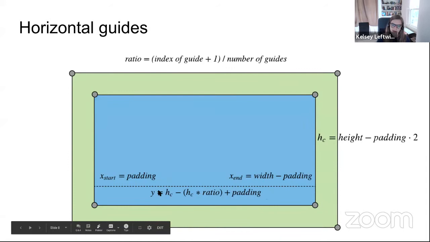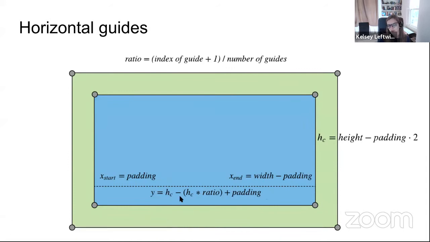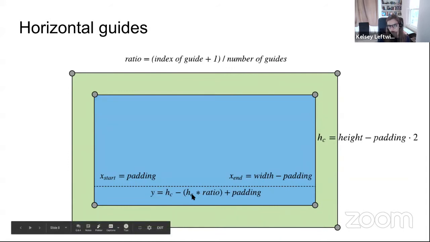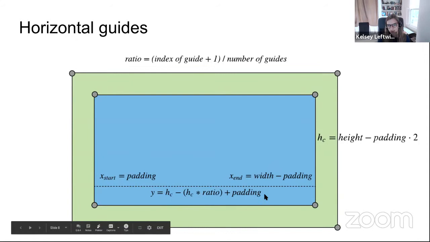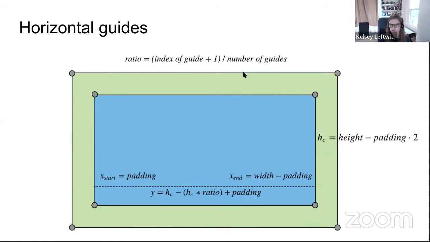For the Y value, you'll do the height of our chart. So the height of our chart here is this total height minus padding here and padding here. So padding times 2. And then we subtract that from the height chart again to invert it. And then we add our padding to push it down that way.